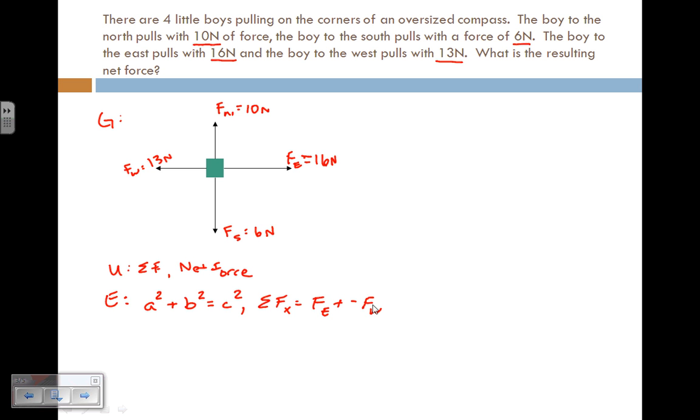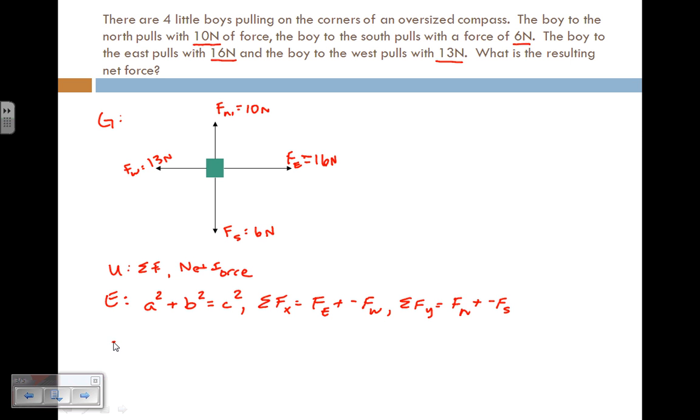Then we also have to calculate the sum of all forces in the y direction. That's going to be equal to the 10 newtons, so the north force, plus the negative of the south force, because it's going down, so we'll take the negative.